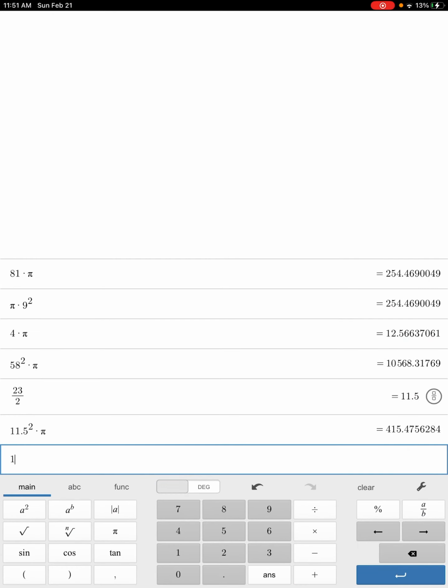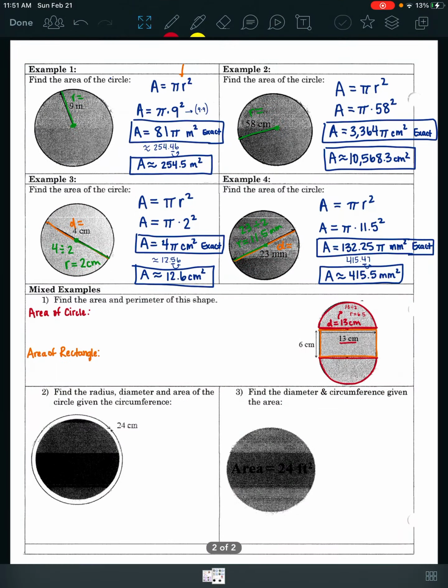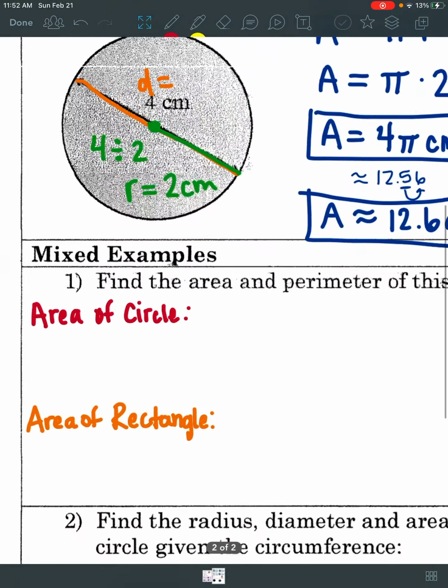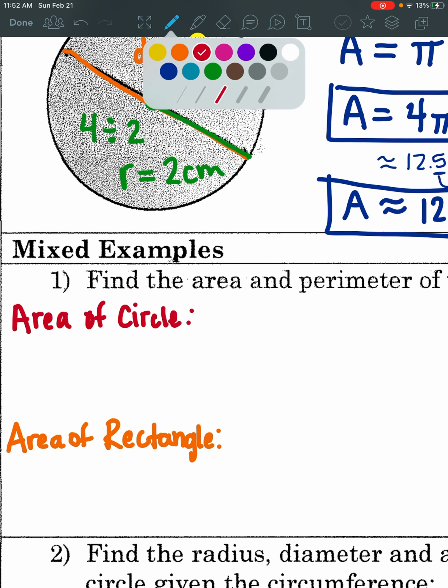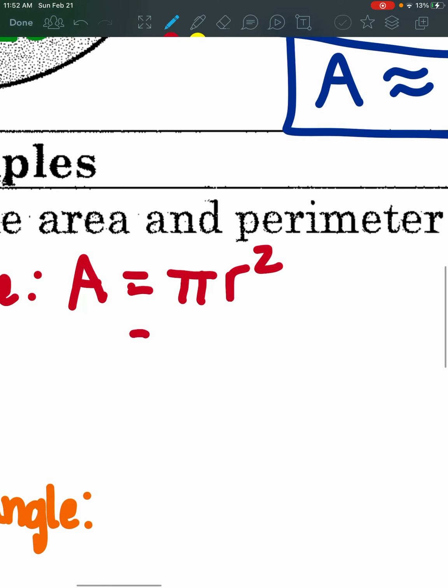Again, if you weren't sure, you could always come over to the calculator. 13 divided by 2 is 6.5. So when we do our area of a circle here, we want pi r squared. We're going to plug in pi times 6.5 squared.